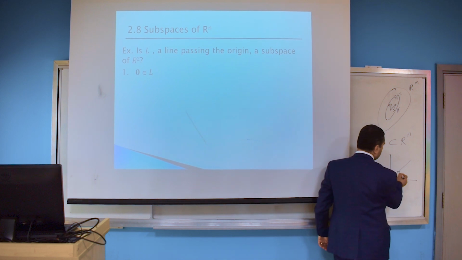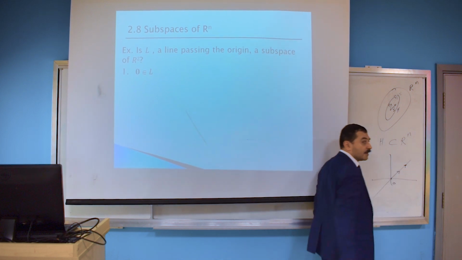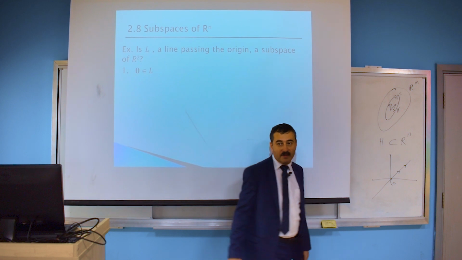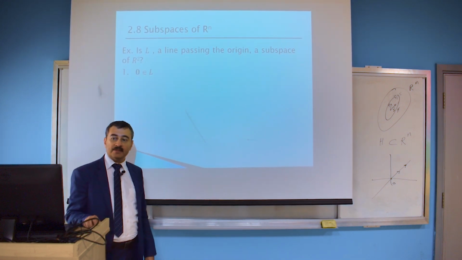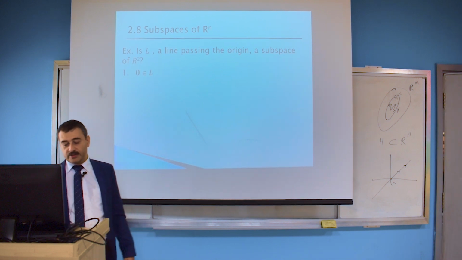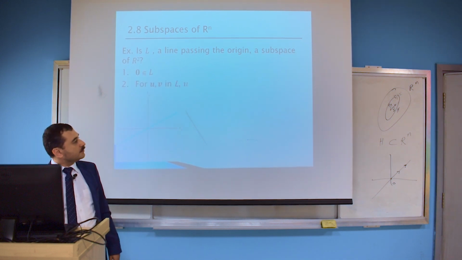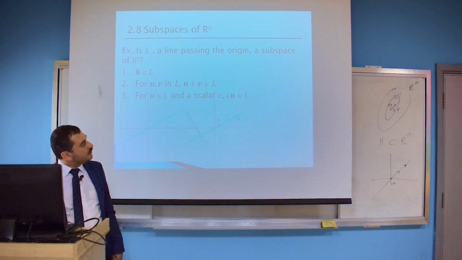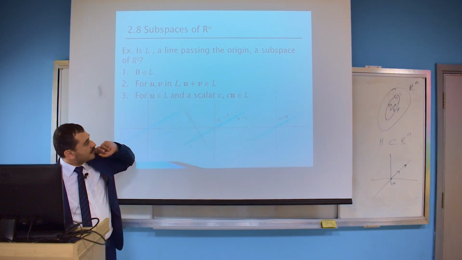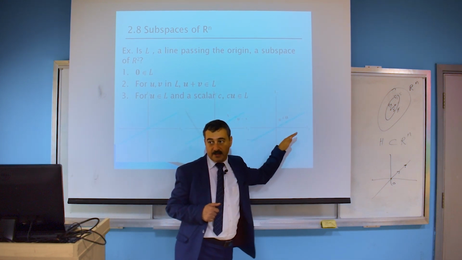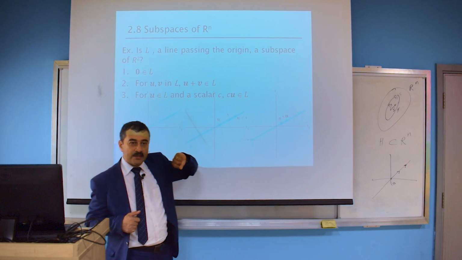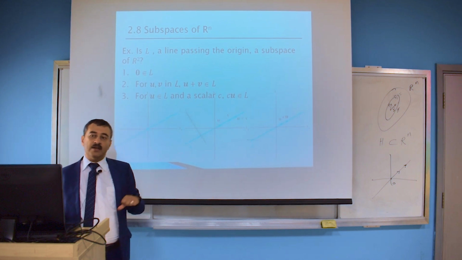If you take two vectors here and sum them, then the sum would be on the same line, right? And if you scalar multiply the vector, you will find that the scaled multiple is also on the line. So the straight line passing through the origin we can call a subspace in R2.